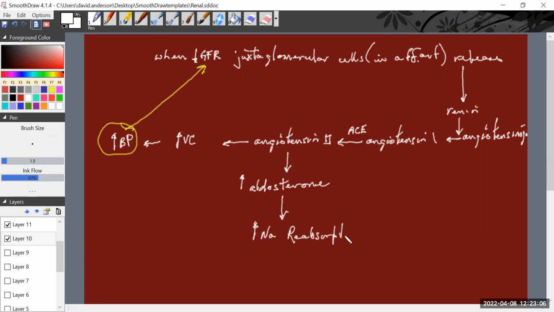And what did we say follows sodium? Water. Right. So we're also going to see an increase in water reabsorption, and that increases blood pressure as well. So we're seeing in this picture, we started with a local factor that triggered an endocrine factor.